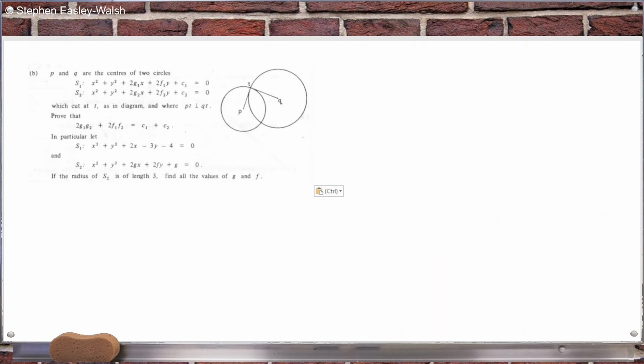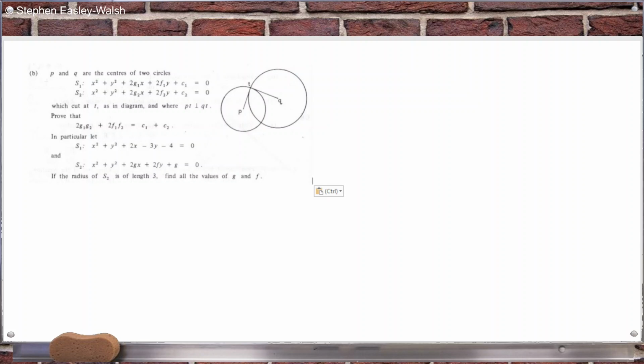So we have two circles and the two equations are given, and T is a common point, and they're perpendicular. So I'm thinking we could look at derivatives.